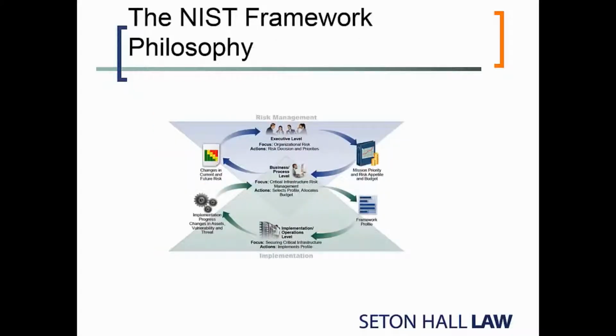So here's what you might call the NIST framework philosophy. And this graphic is from the framework document. Again, it's not really rocket science, but one of the most significant things that it's suggesting is that if you move up from the bottom, the implementation, you see that guy plugging things into a rack server, right?